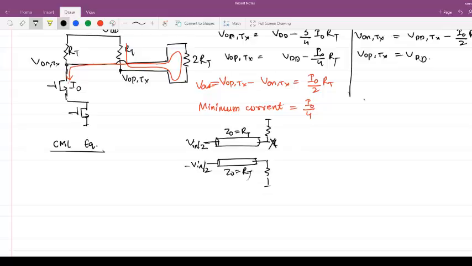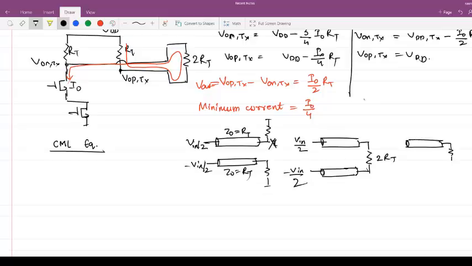Now let's consider another case. If I apply a differential signal, you can say I have equivalently RT and RT with a common mode here, which is incrementally 0.